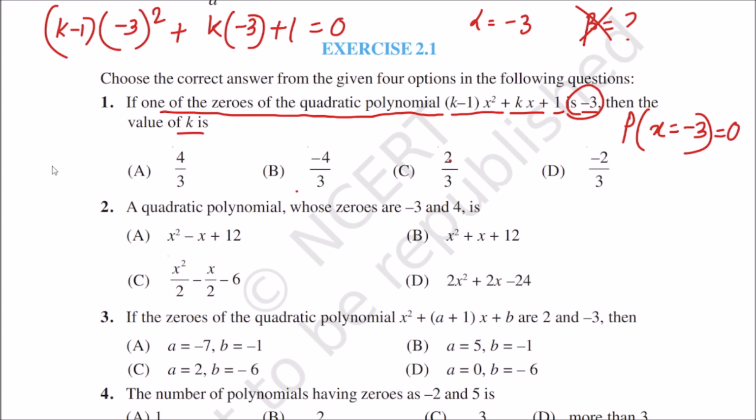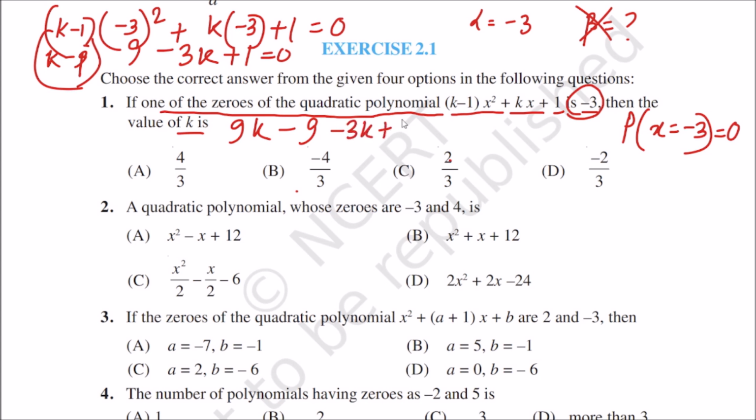Simplifying this, I'll get (k minus 1) into 9 minus 3k plus 1 is 0. Again simplifying, 9k minus 9 minus 3k plus 1 is 0. So I'm getting 6k minus 8 is 0. So 6k is equal to 8, k is equal to 4 by 3.